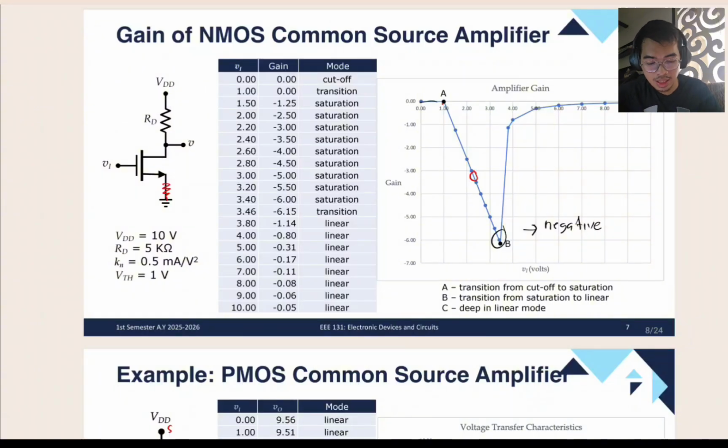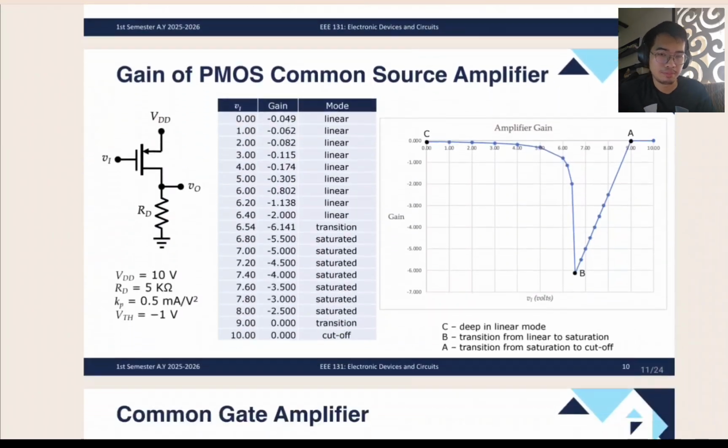And you will experience the greatest gain if you bias it nearer to the linear region. Okay, so if you bias it such that we're close to the linear region transition, you will experience more gain. Well, the trade-off for that is that you will have less output swing.